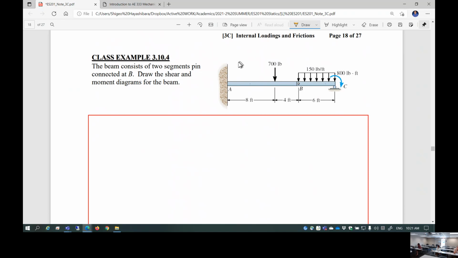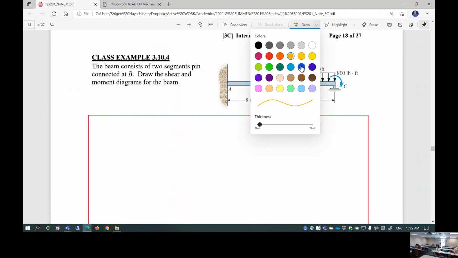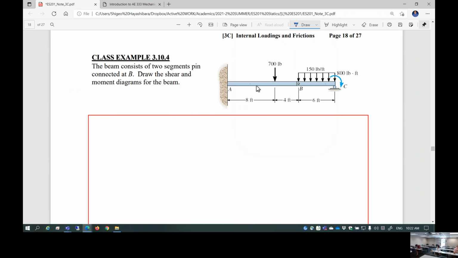So what do you do? You're going to disassemble at the pin, so you come up with two free body diagrams. Find out all the support reactions here, and also here. Okay, then let's do it. So member AB.